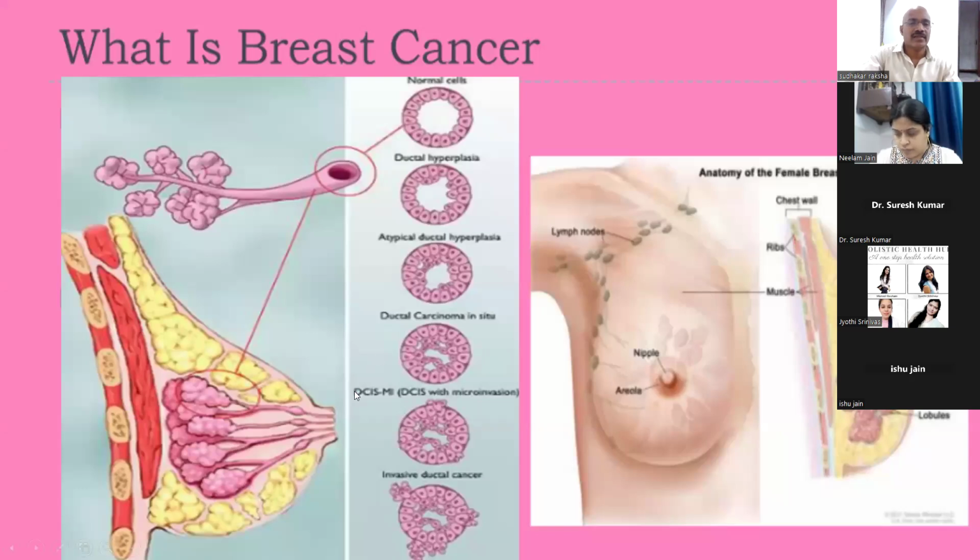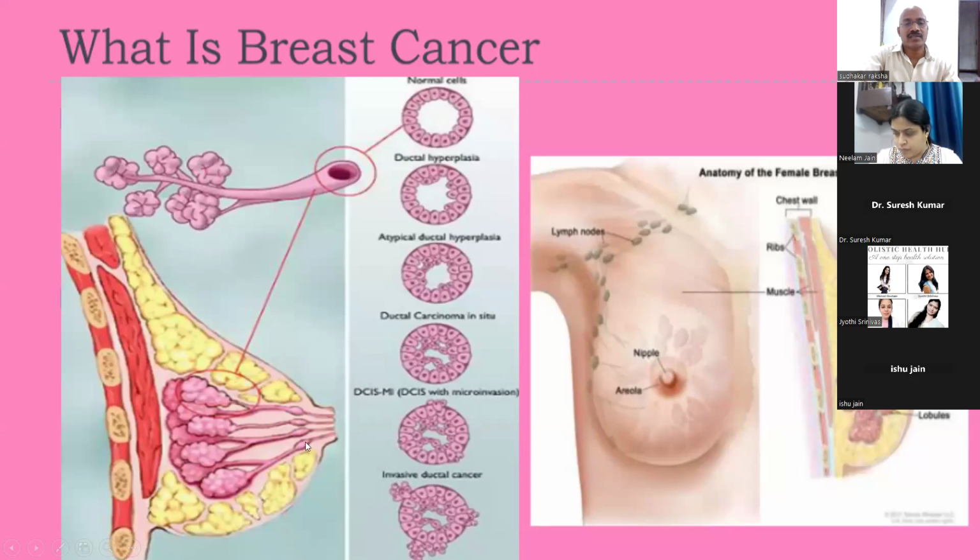So breast cancer. Where does this breast cancer arise from? The breast consists of the adipose tissue and the lobules of breast glands and the ducts. So the breast carcinoma will arise from the epithelial cells of the duct or from the epithelial cells of the lobules.